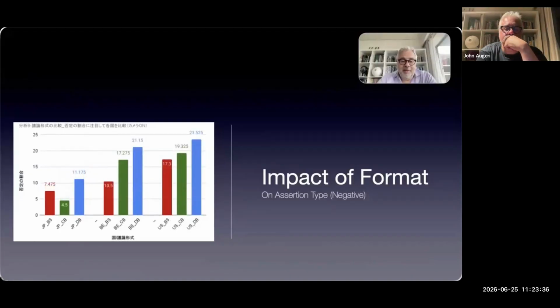Second, in the same approach, the results for the negative assertion, so the impact of the format on the negative assertion. In all of the three countries, the debate showed the highest percentage of negative assertion. And among those three countries, Japan tended to show a percentage of negative assertion that was lower than the one in Belgium and US.